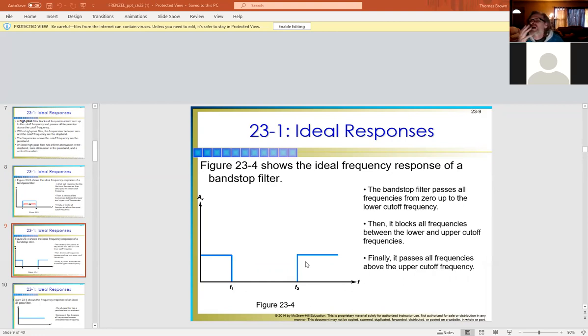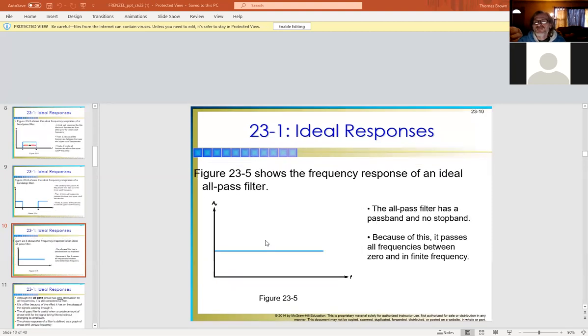It's just different styles depending on what we're trying to achieve. In this case, let's say we are trying to get rid of a specific repetitive noise. We could go with a band stop and simply not allow that frequency to come through at all on our transmission. And then after that, there is one other, which is an interesting one.